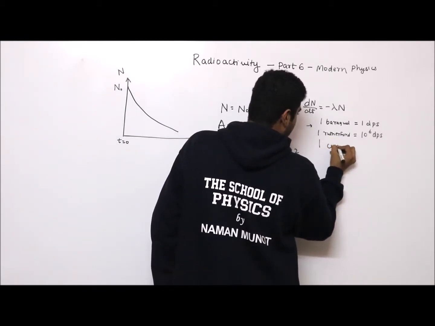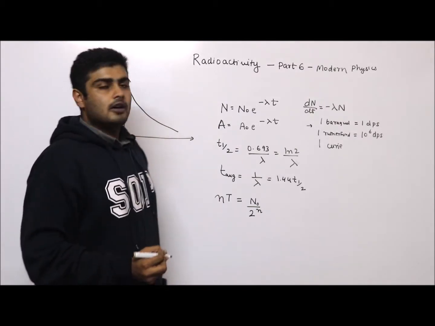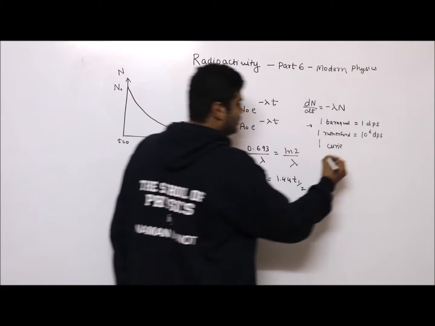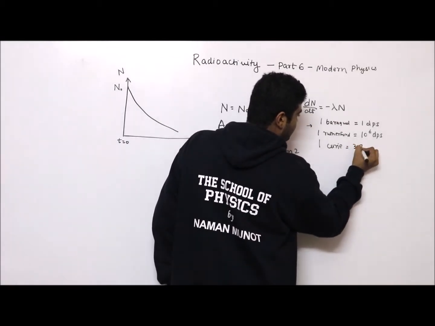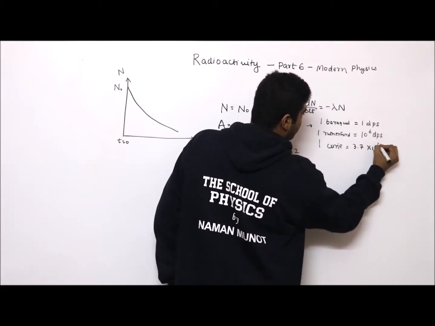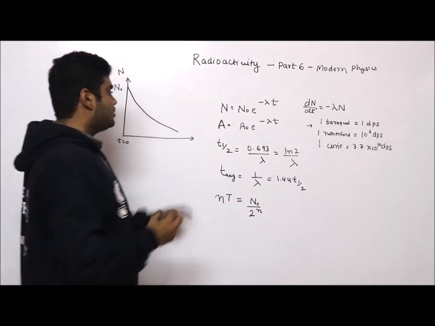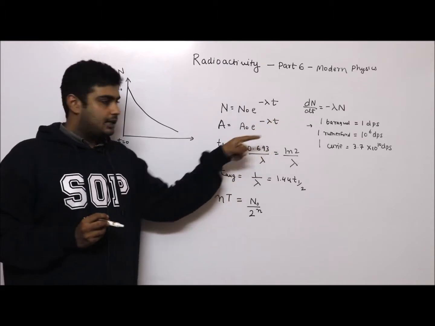Then there is 1 Curie. Marie Curie got the Nobel Prize for radioactivity. 1 Curie is equal to, it's easier to remember, 3.7 (7 and 3 add up to 10) into 10^10 disintegrations per second. So activity also has a similar formula, A = A₀ e^(−λt).